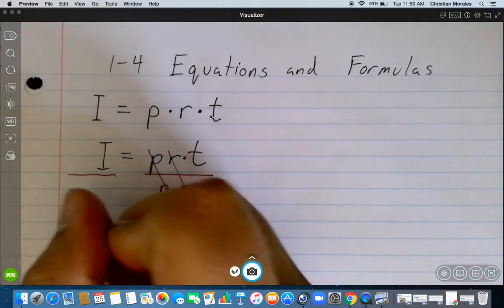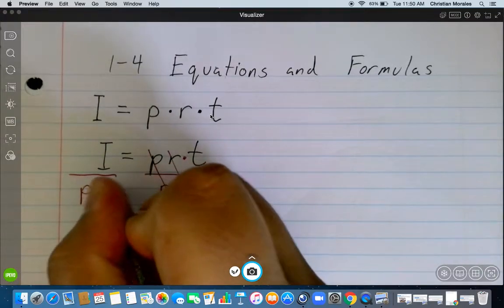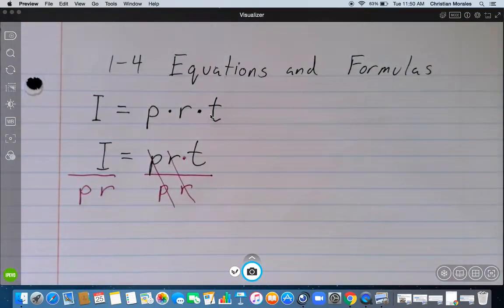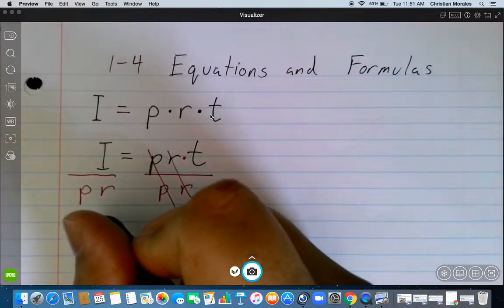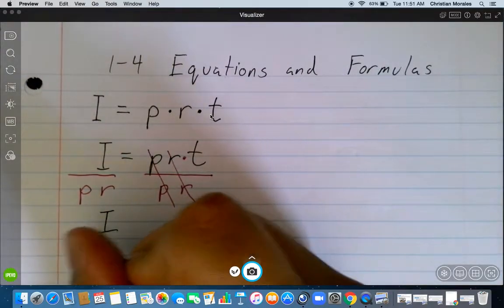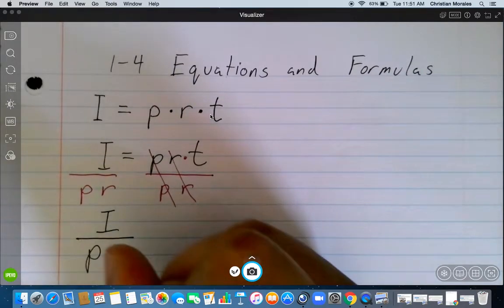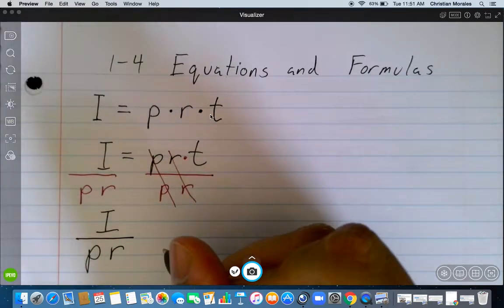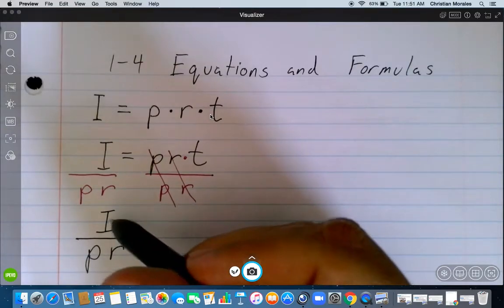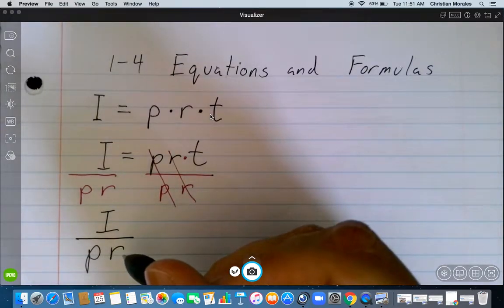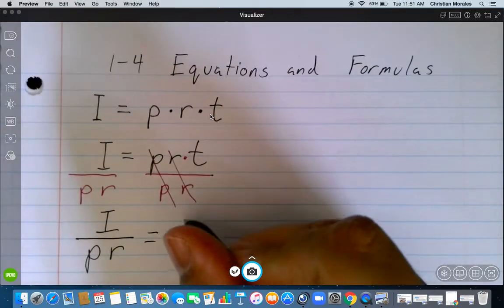Whatever you do to one side, you do to the other. So you divide this side by PR. Now your answer is the interest amount divided by the principal and the interest rate, and that equals time.